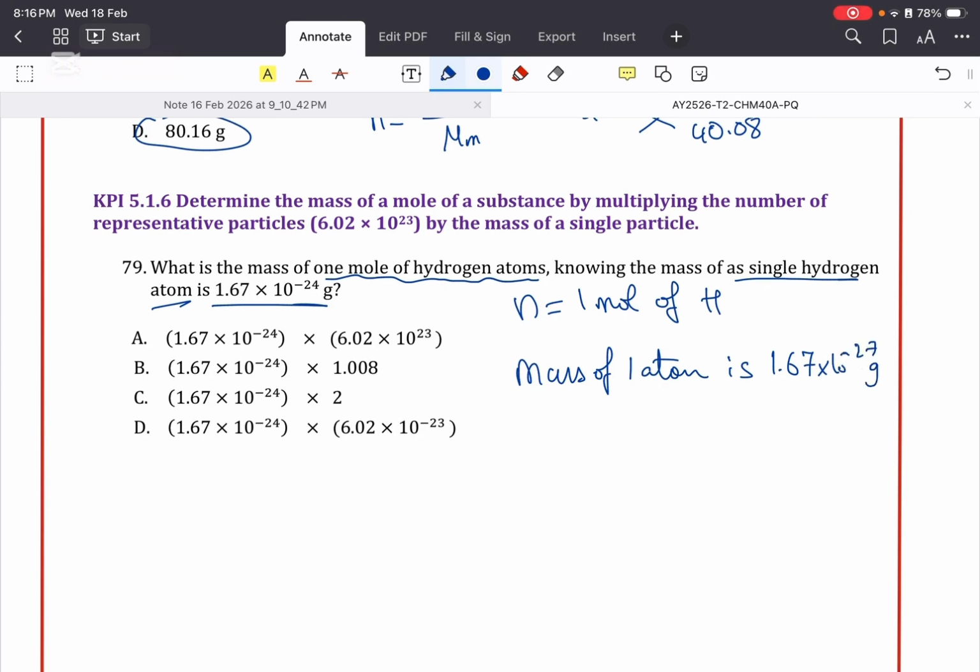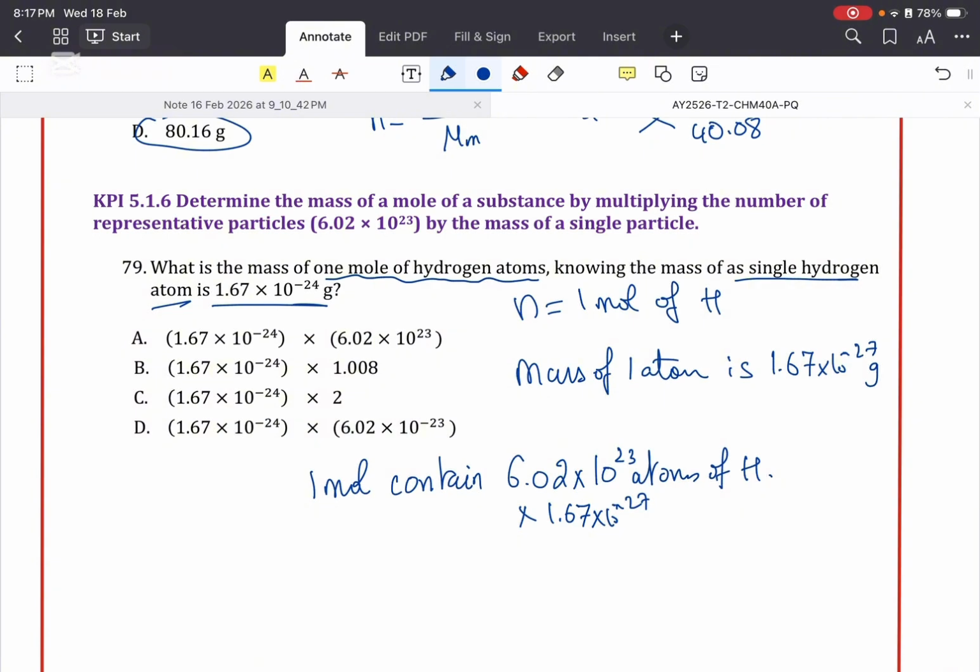They want me to find the mass of 1 mole. 1 mole contains 6.022 times 10 to the power 23 atoms of hydrogen. So if 1 atom measures 1.67, then 6.022 measures how much? You're going to multiply these values together. And here is the answer.